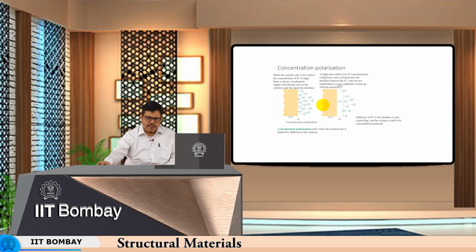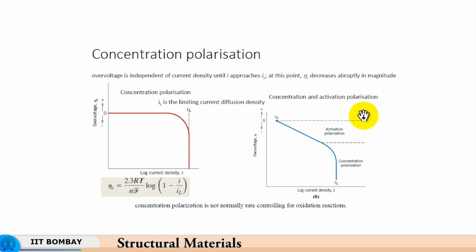If we are able to get this to diffuse faster, then the reaction here can also get speeded up. Diffusion of H plus to the interface is rate controlling, and the system is said to be concentration polarized. So, the concentration here can be either high or low depending on the rate of diffusion there.